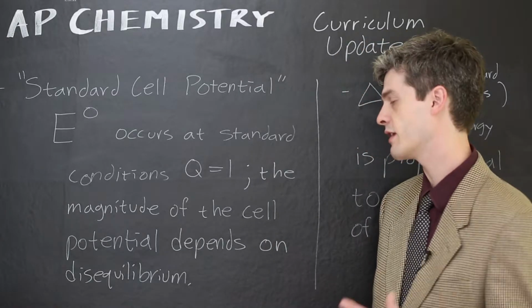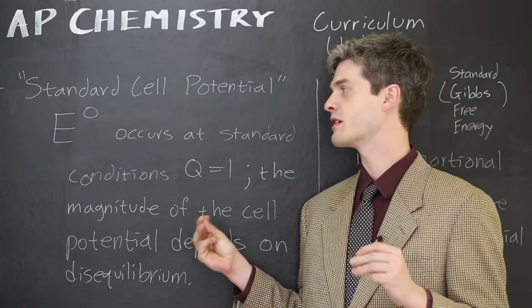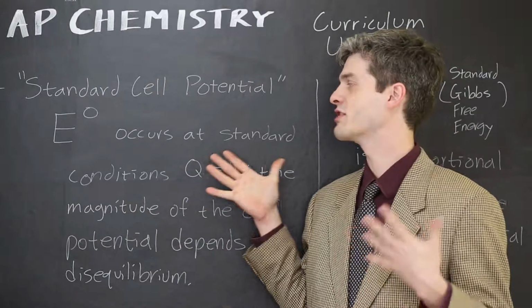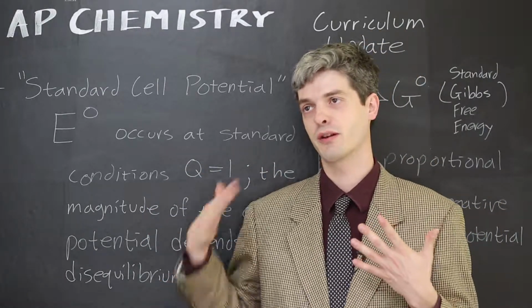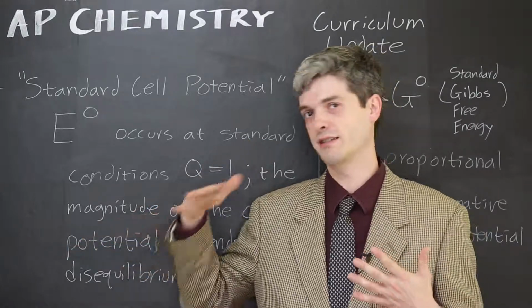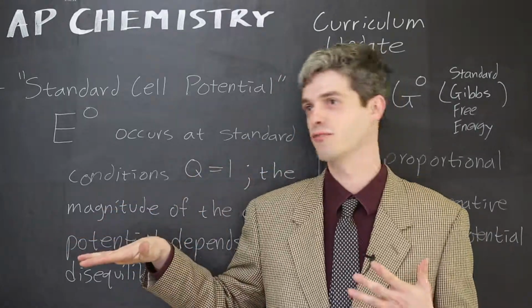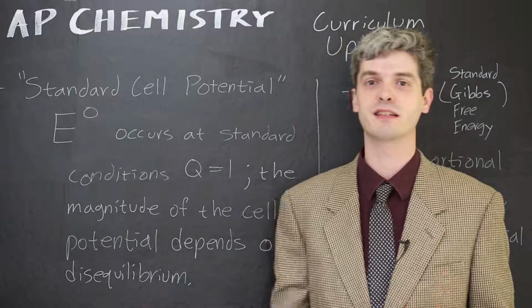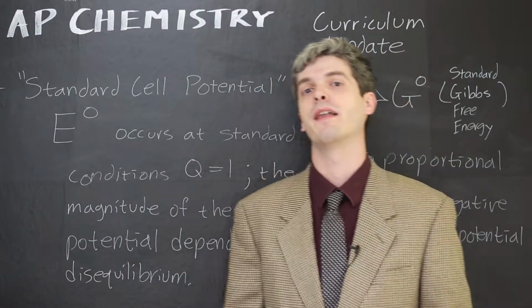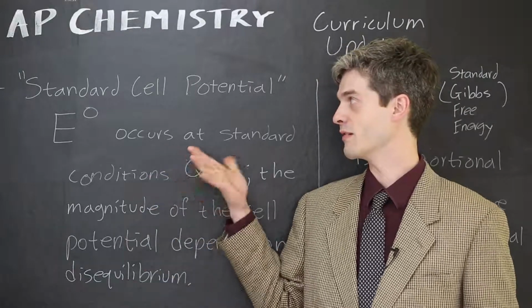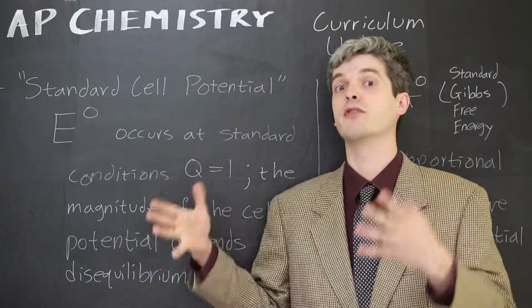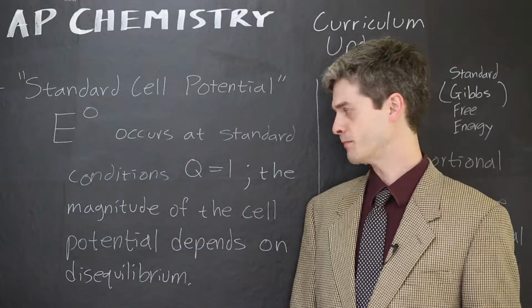So the way to think about this, standard cell potential is what happens when you have standard conditions, where the temperature is room temperature, and it's sea level, right? And all these standard conditions apply, and then you can make a general assumption that that's going to be how much oomph, how much energy that cell is going to be able to transmit.